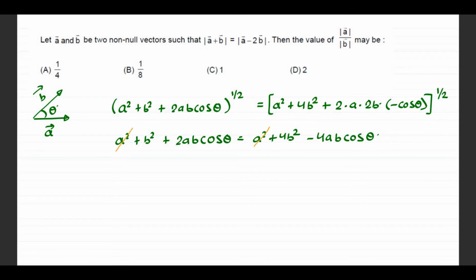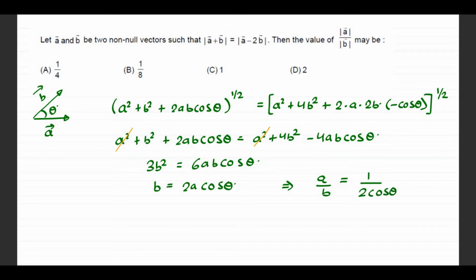Find out, A square cancels out. If we rearrange a little bit, so I can write, correct, or I can say like this.